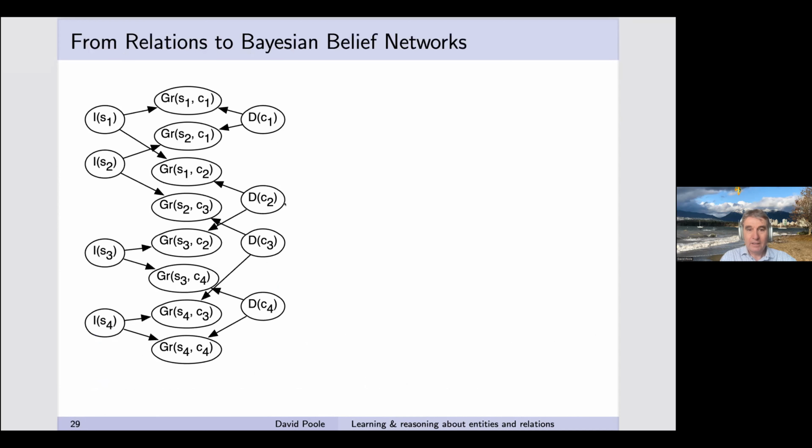Well, it turns out you can predict better because they've got a B in one of these courses that's harder than the other. So what we can do is represent this as a belief network. The grade of the student in a course depends on the intelligence of the student and the difficulty of the course, right? And when we observe grades, we can infer the difficulty of the courses and the intelligence of the students.